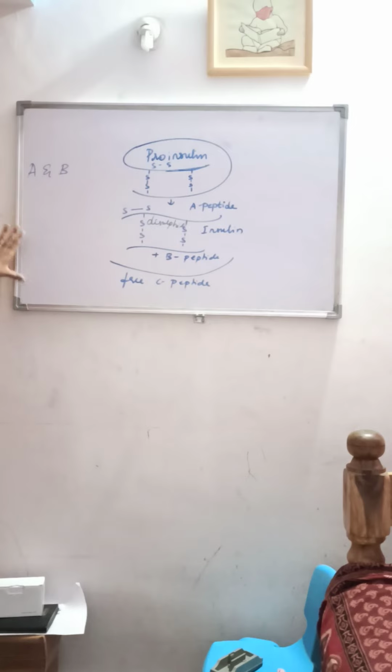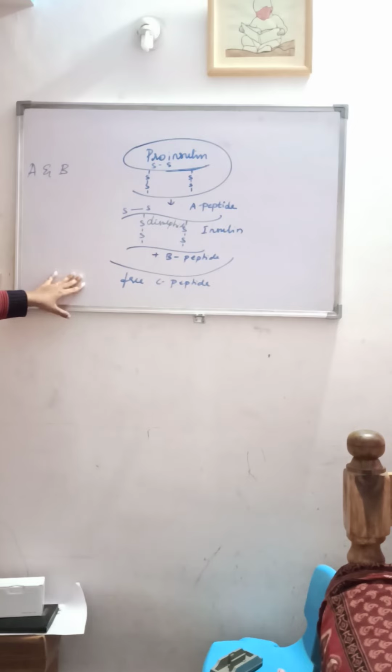Human insulin consists of two short polypeptide chains, A and B, linked together by disulfide bonds. Usually in mammals, including humans, insulin is synthesized as a prohormone which contains an extra stretch called the C-peptide. As you can see here, the free C-peptide is removed during the maturation of what?